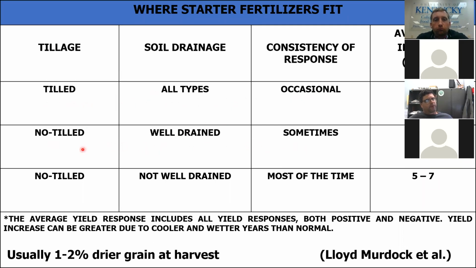This is going to be somewhere in the middle. It's well drained, but we have a mulch cover. Sometimes they would see a response of 1 to 3 bushels. And then in no-tilled, not well drained, so somewhat poorly drained or poorly drained, they saw a pretty consistent response to starter application, maybe 5 to 7 bushels. That's averaged over a lot of different stuff, and that's what I went with for a long time.